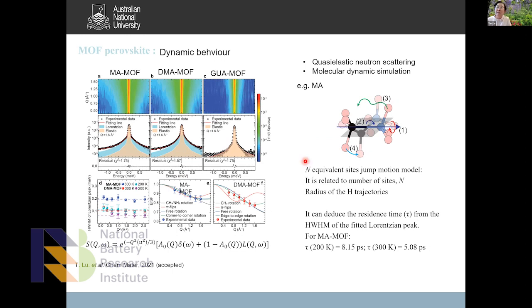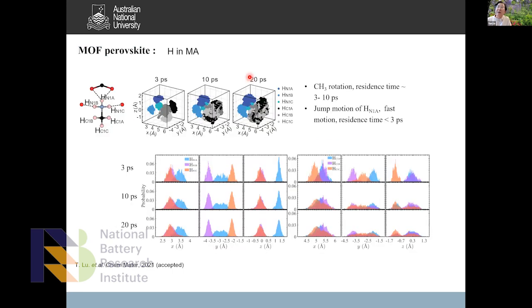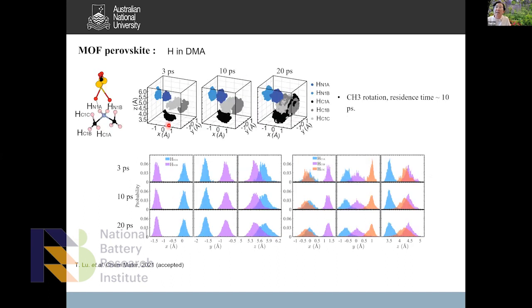So actually, this one, like you say, we have hydrogen that has a different trace at different temperature, different time. So you can say the blue one is more related to the nitrogen bonding the hydrogen, and the green one is the carbon one. The carbon one, the CH3, is more flexible. Okay, and the same thing we do for the hydrogen in DMA and the hydrogen in GUA.